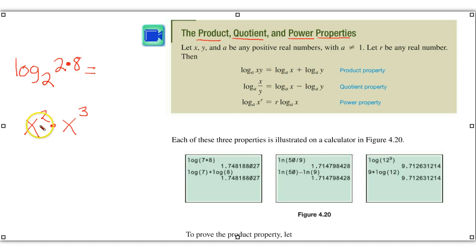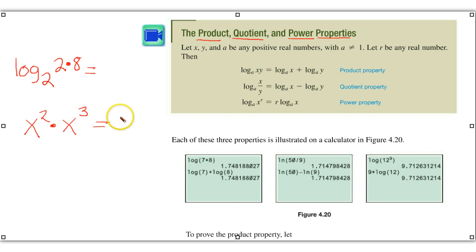Well, to go way back, when we have something like this, x to the second times x to the third, our bases are the same, what do we do here? Now, do we multiply these or do we add them together? And the answer is we add when we are multiplying variables.